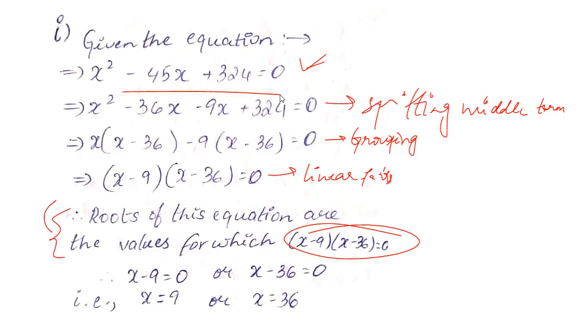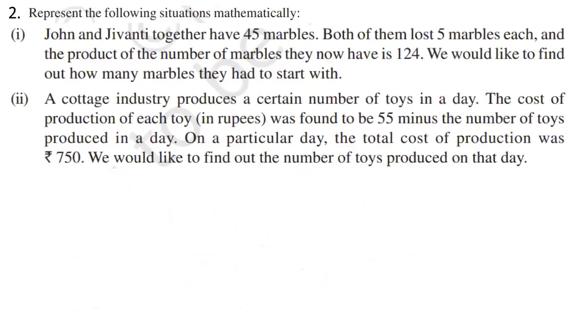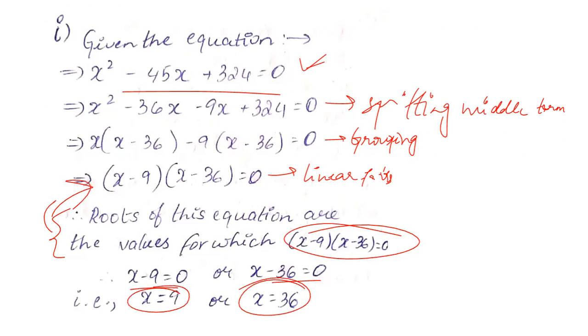Equate both the linear factors to 0, get their roots, then say how many marbles John and Jeevan had to start with. So you have to say either it is 9 or 36. If they are starting with 9, it will be different. If they are starting with 36, it will be different. Right? Next.